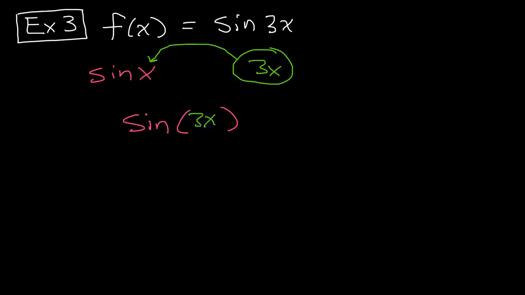Now, taken separately, the function sine x is continuous everywhere, and the polynomial function 3x is also continuous everywhere. So the composite function sine of 3x is also going to be continuous everywhere.